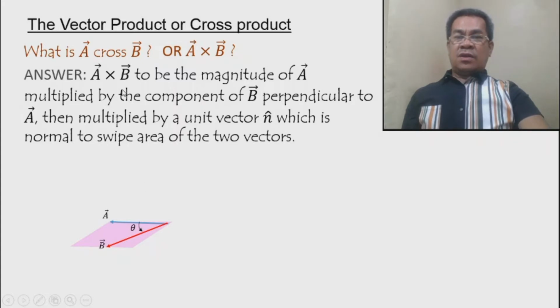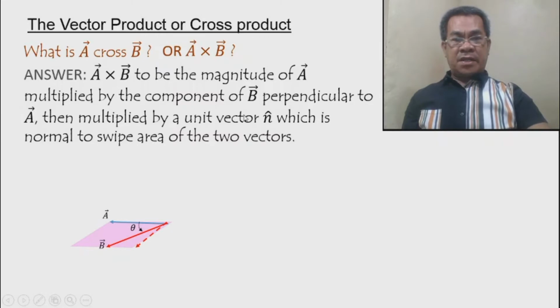The definition says that A cross B is actually the product of the magnitude of A multiplied by the perpendicular component of B. This broken red line, the arrow, is the component of B which is perpendicular to A.